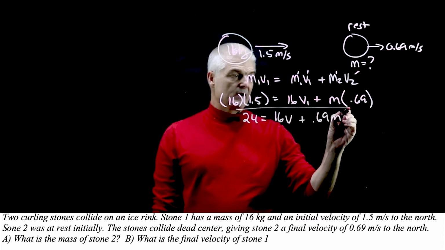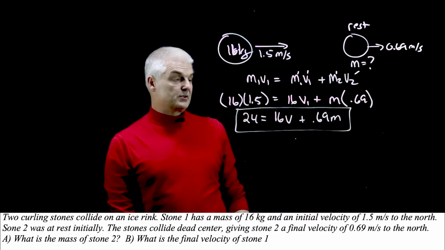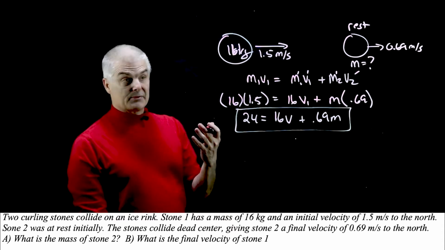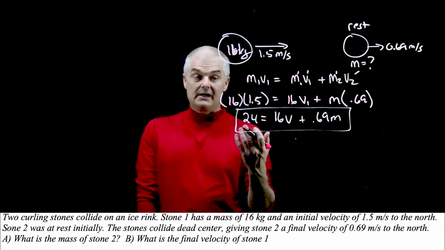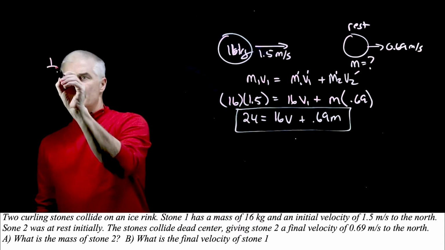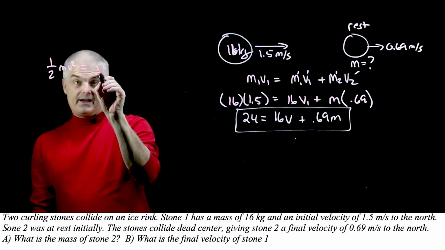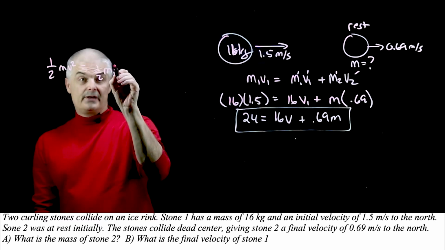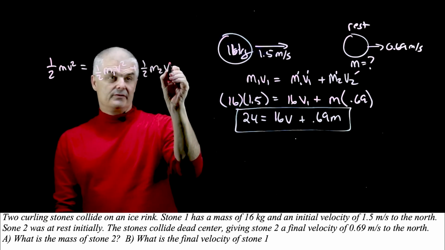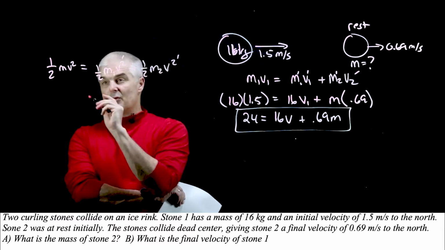So this is one equation, but you might notice you can't solve it because you have two unknowns. Remember, in an elastic collision, something else is happening as well: kinetic energy is also conserved. So I can say 1/2 mv squared equals 1/2 m1v1 squared plus 1/2 m2v2 squared, with the primes for the final velocities. But we can plug in some numbers.